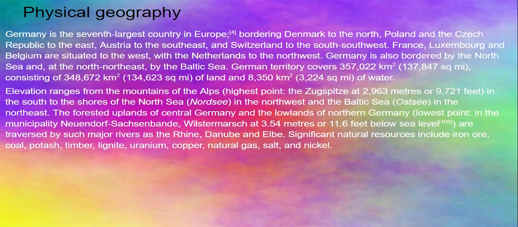The forested uplands of central Germany and the lowlands of northern Germany, lowest point in the municipality Neuendorf, such as Sabande Wildmarch, at 3.54 meters or 11.6 feet below sea level.